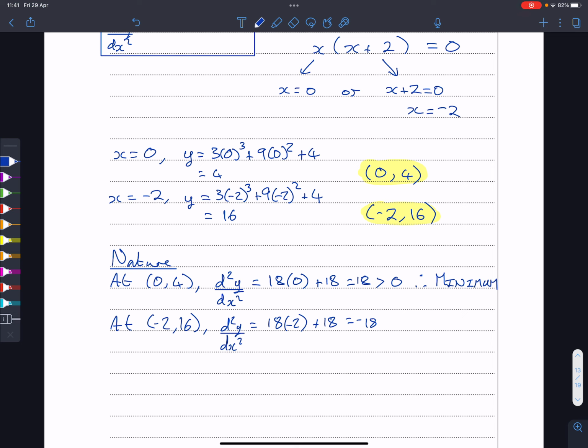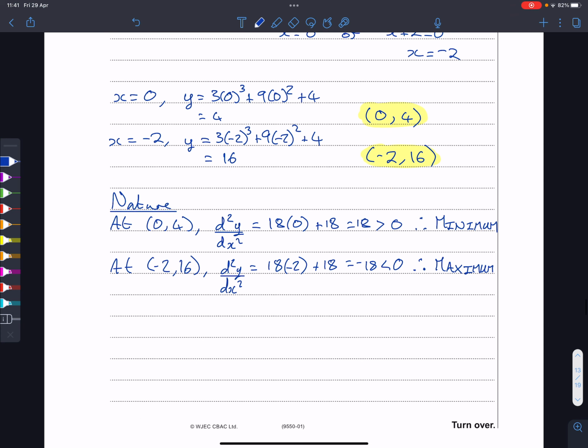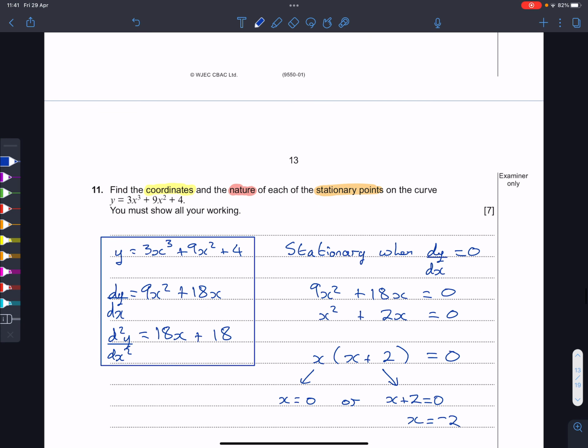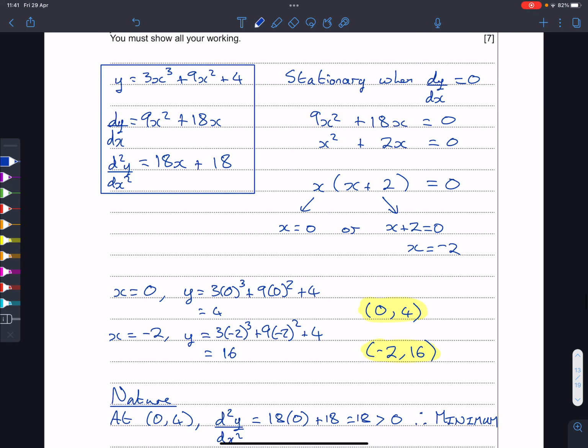This is negative, so the rate of change of the gradient is negative, which means the gradient is becoming more and more negative, which means that this is a maximum. Okay, so that is the coordinates and the nature and all our working shown.